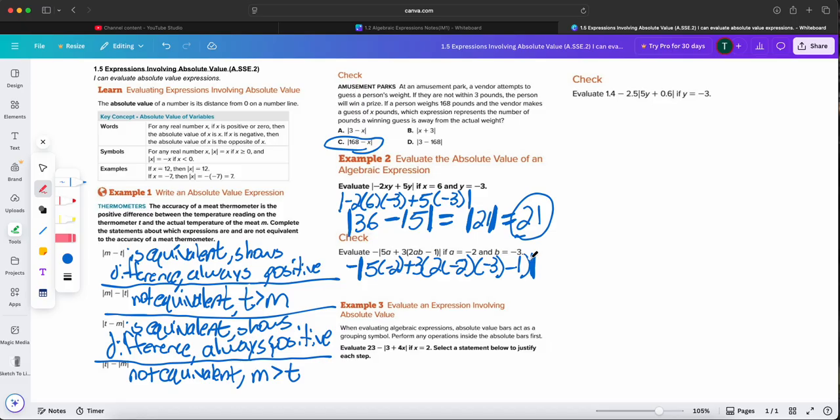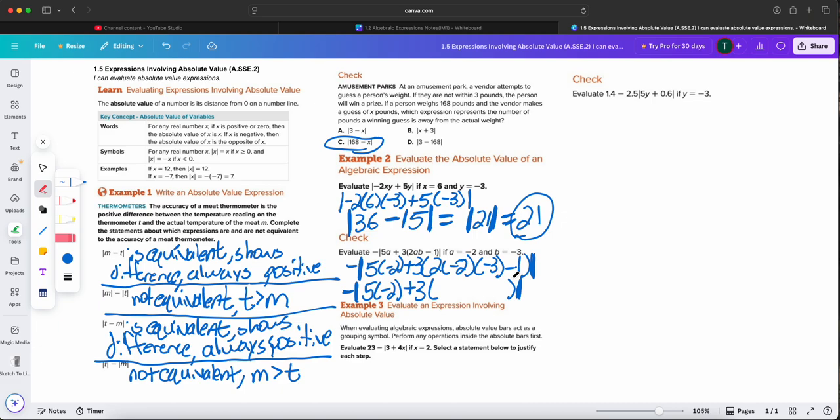So we're going to go ahead and work on that part next. So in these parentheses, we have some multiplication. So we rewrite everything else. So we got our negative sign, absolute value, 5 times the negative 2 plus 3. So then we solve this parenthesis.